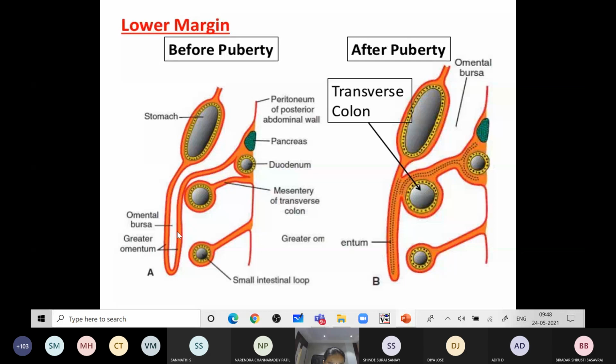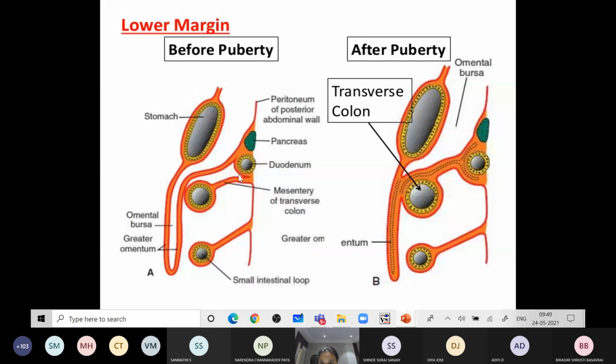Between the second and third layer of the greater omentum there is the space of the lesser sac. The third layer goes to the posterior abdominal wall, covers the pancreas, and again invests the transverse colon. Here it forms the upper layer of the transverse mesocolon. The fourth layer, after puberty, this fourth layer and the upper layer of the transverse mesocolon fuse with each other.